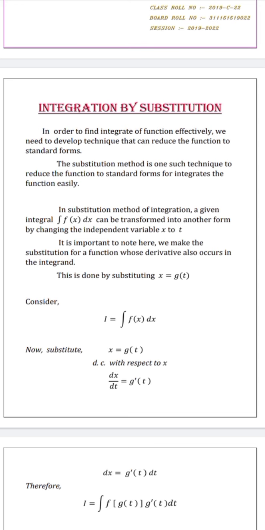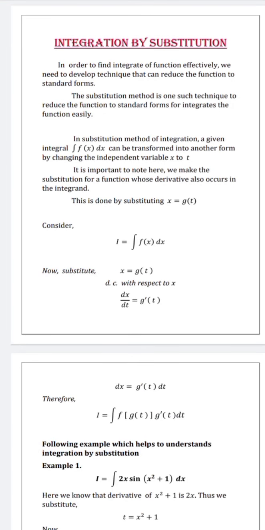It is important to note here that we make the substitution for a function whose derivative also occurs in the integrand. This is done by substituting x equals g(t). Consider I equals integration of f(x) dx. Now substitute x equals g(t), where g is a function of t.